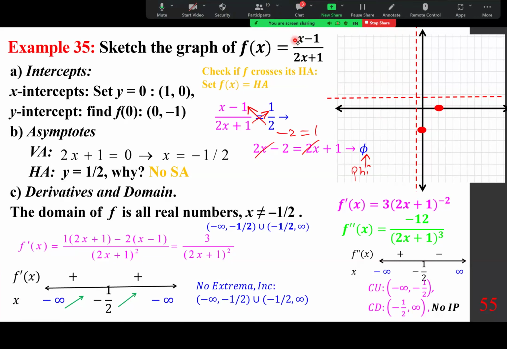If I put -1 here, -1 and -1 is -2. 2 times -1 and 1 is -1, and the ratio is +2. So plug in -1 into the original function, and that's the point. This is the graph for that part. This is the graph for this part, and we are done, everybody.